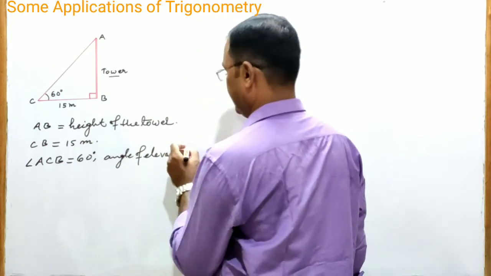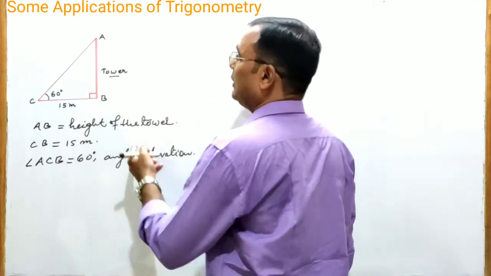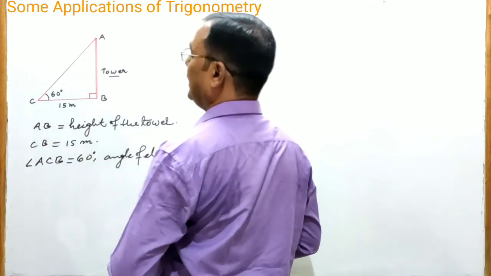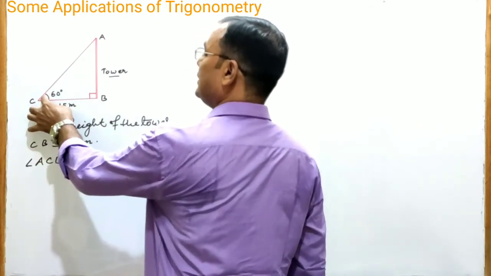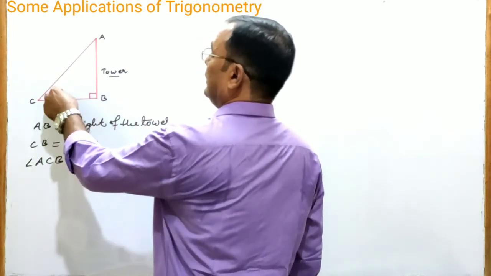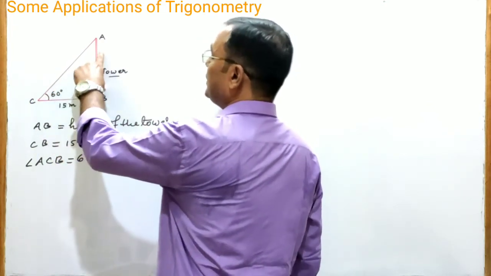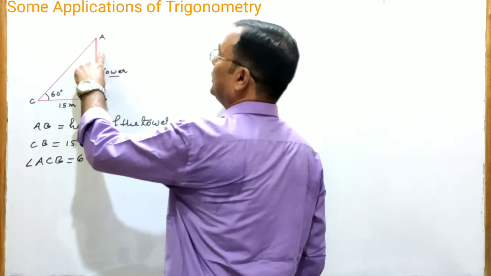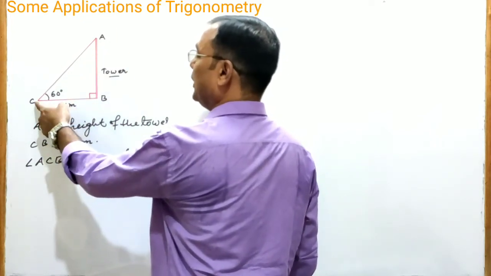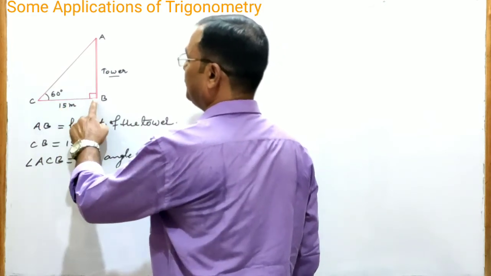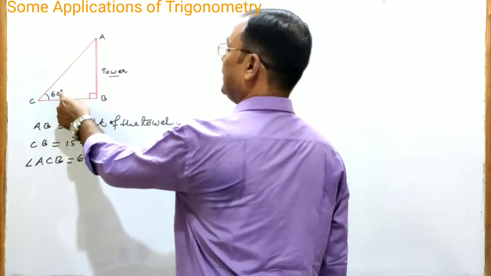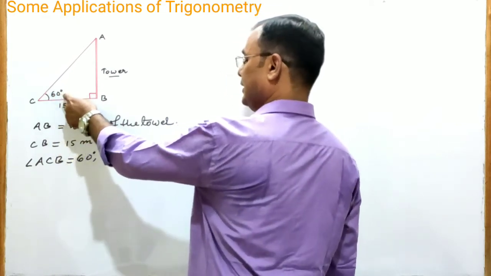So in this right angle triangle, angle C is 60 degrees, that is an acute angle. The opposite side AB, which represents the height of the tower, is the perpendicular, and CB, which is the distance of the point at 15 meter from the foot of the tower, is going to be the base for this acute angle of 60 degrees.